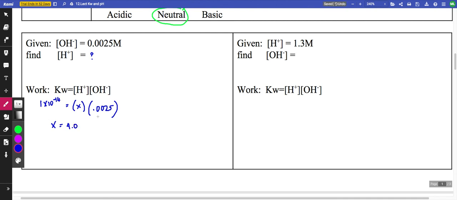This has 2 sig figs. Kw will have infinite, so that has a lot. This is the molarity of H pluses. And this is the molarity of OH minuses.